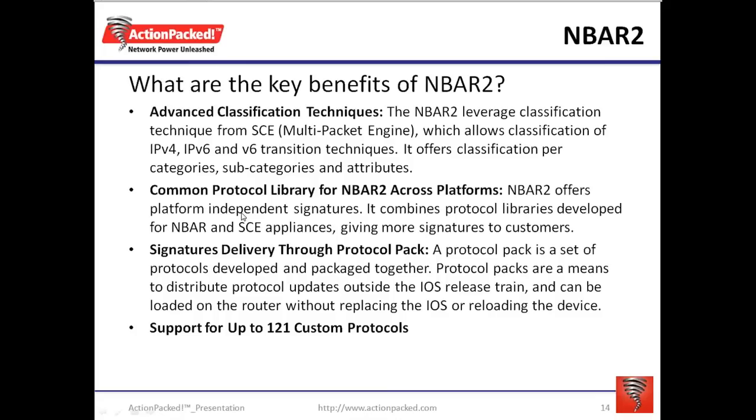It's the same signatures going on each device as well, and we can update those with protocol packs. You can even load the protocol pack on the router without replacing the IOS or even reloading the device and have the latest and greatest NBAR definitions ready to go with NBAR2. And, of course, we can support up to 121 custom protocols that you can build on your own. And, of course, we can use our tool to do that as well.